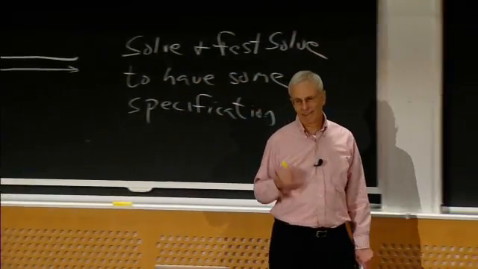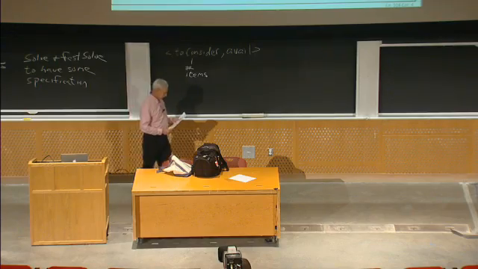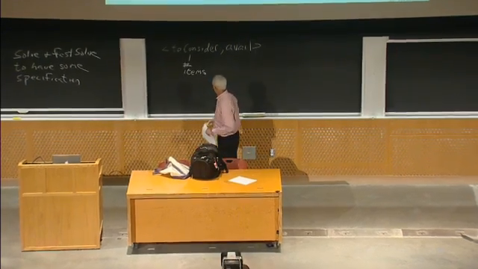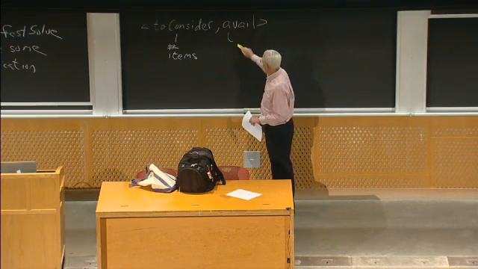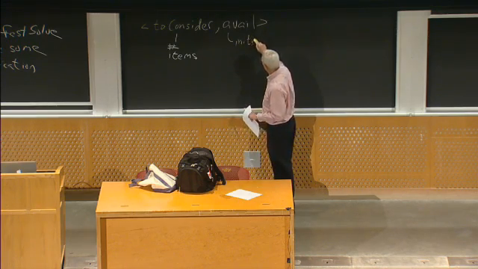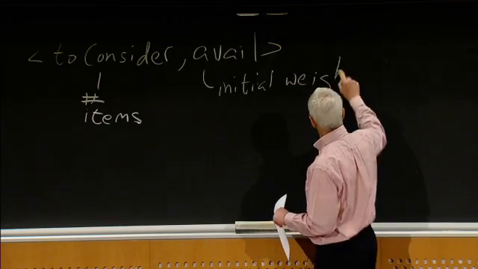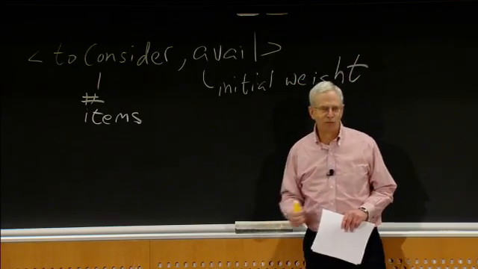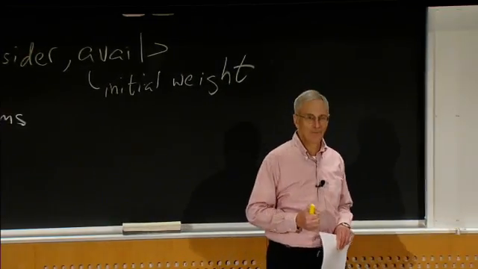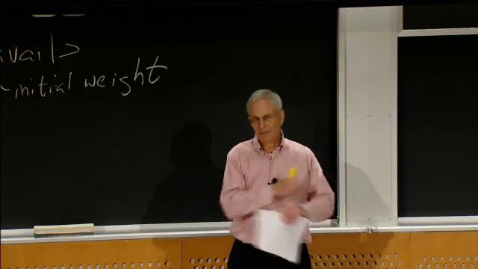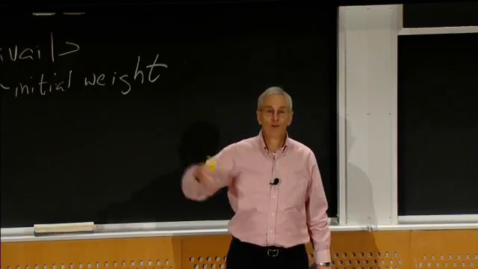Avail is more complicated. What does avail depend upon? It depends upon, well, the initial available weight. Now, if the initial available weight is 0, well, then it's going to end really quickly. If it's really big, I might have to churn longer.